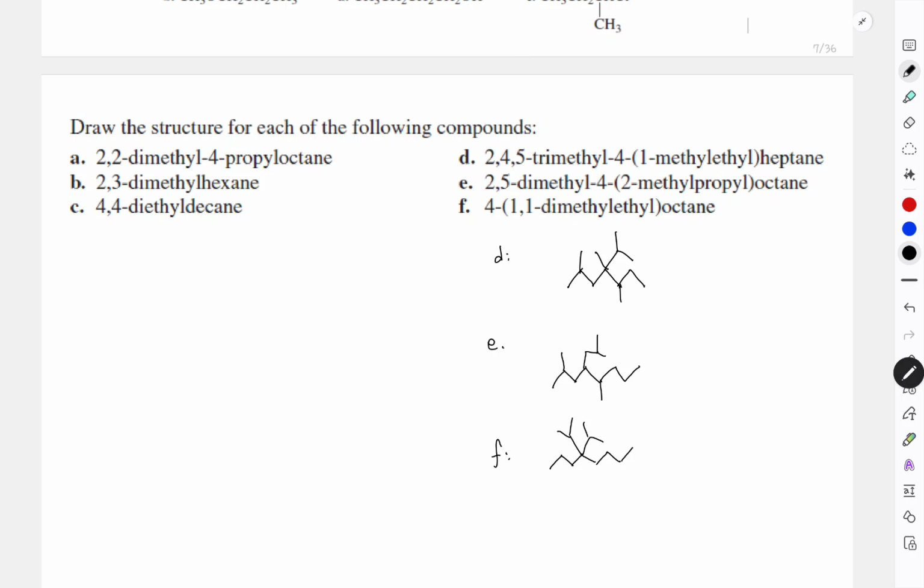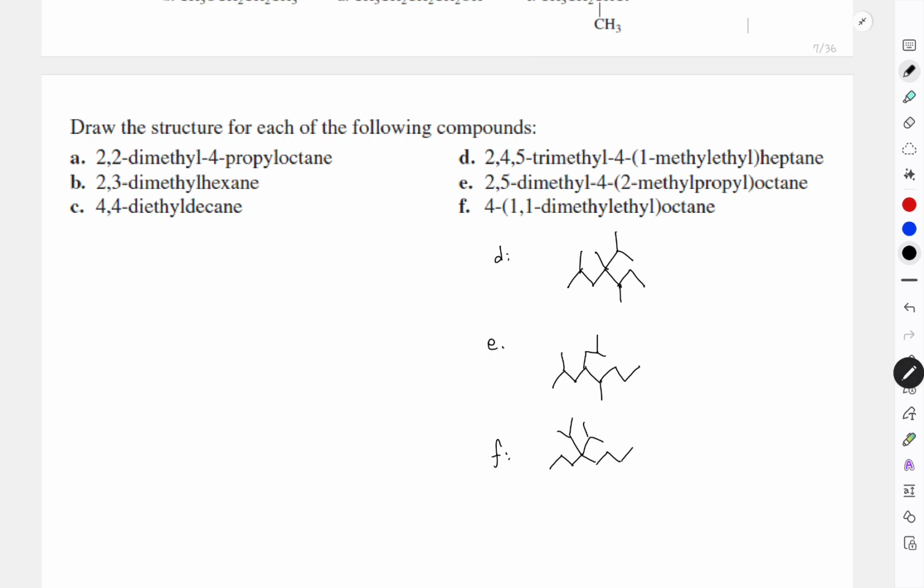You have methyl at 2 and 5. And then at the 4 position, you have the propyl group. This is the 4, and this is a propyl, 1, 2, 3. But you have the methyl group at 2 position. This carbon is always number 1 for the substituent, and you have methyl at 2 position. This is the skeletal structure you can draw.